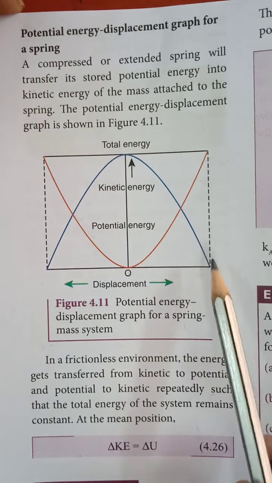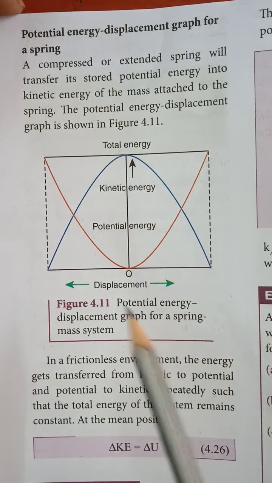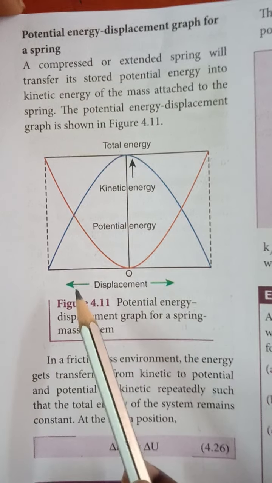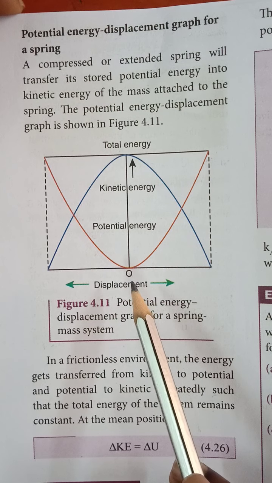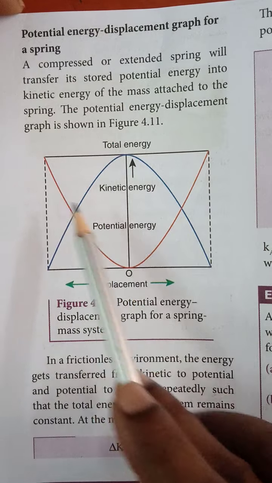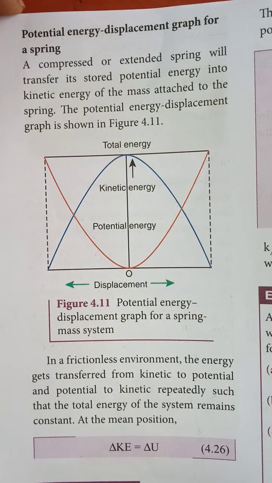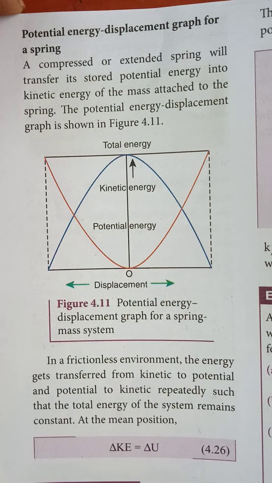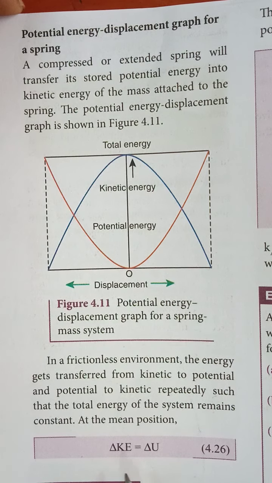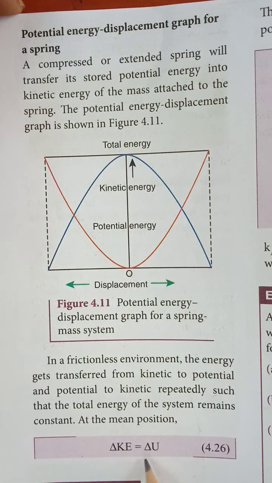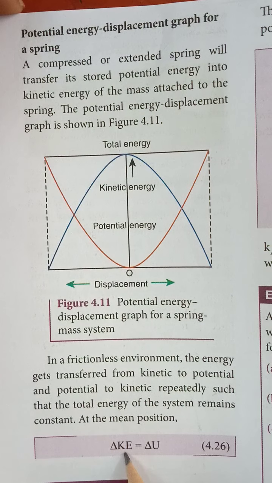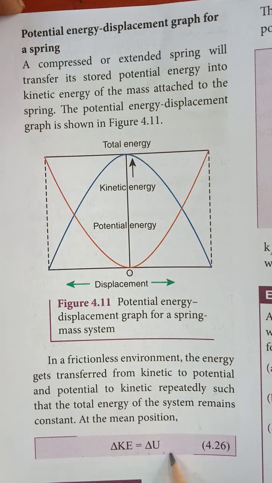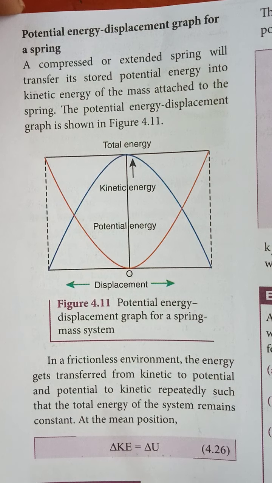When the spring is compressed, potential energy becomes maximum and kinetic energy minimum. So we write delta K equals delta U, the change in kinetic energy equals the change in potential energy, which means energy is always conserved, that is, constant.